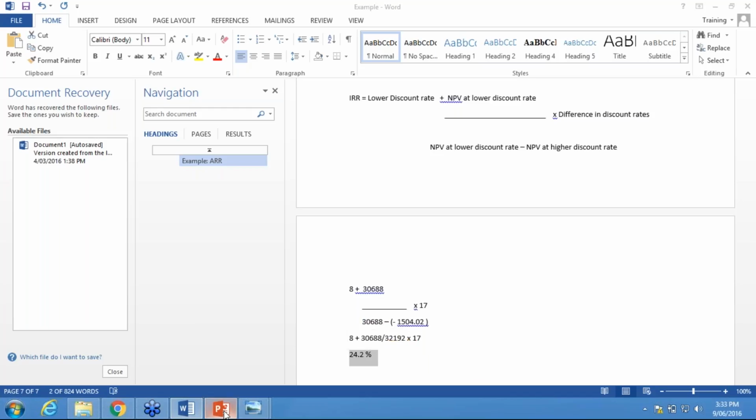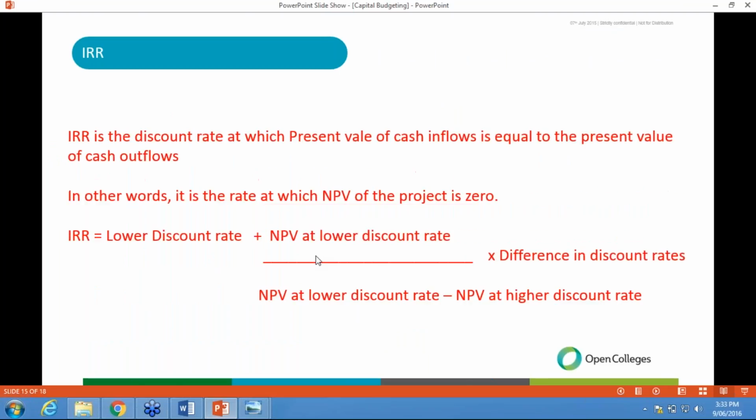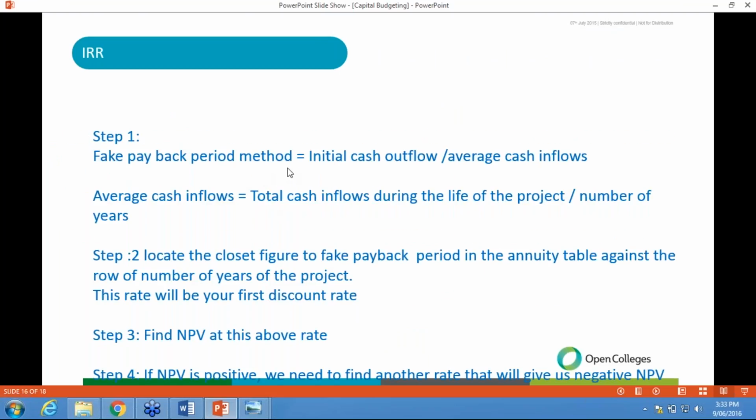Now, if you look at these steps, you will understand. Step number 1, payback period, that is initial cash outflow divided by average cash inflows. Step number 2, locate the closest figure to the fake payback period in the annuity table against the row of number of years. This rate will be your first discount rate. Step number 3, find NPV at this rate.